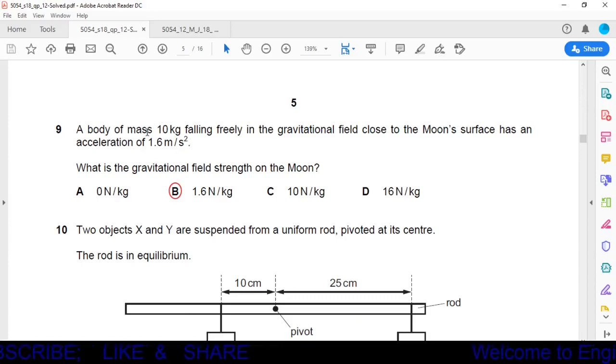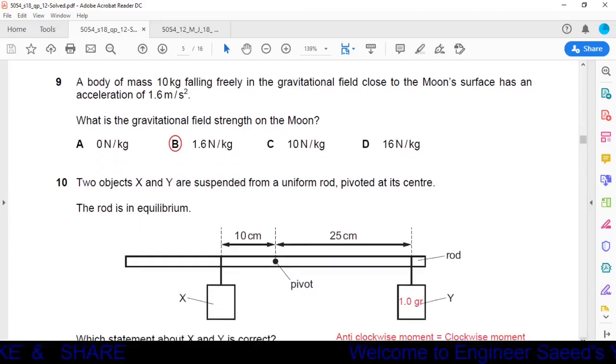So acceleration of free fall is also known as gravitational field strength. So whatever be the value of acceleration, the same value will be for gravitational field strength. So option B is the correct option, that gravitational field strength on moon is equal to 1.6 Newton per kg.